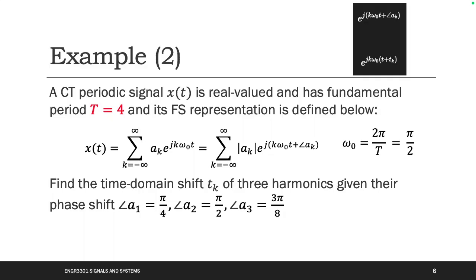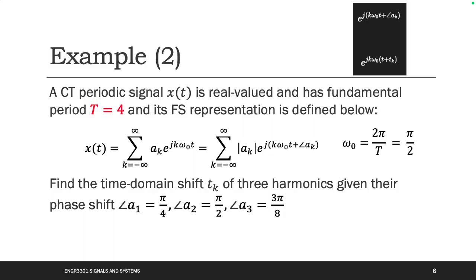So here you know the k, right? Which means k omega_0 t plus a_k equals k omega_0 (t plus t_k). If you want these two numbers to have the same value, you need to let this part equal this part.